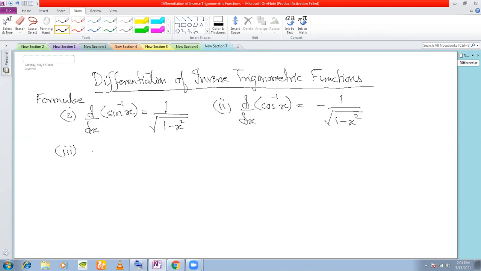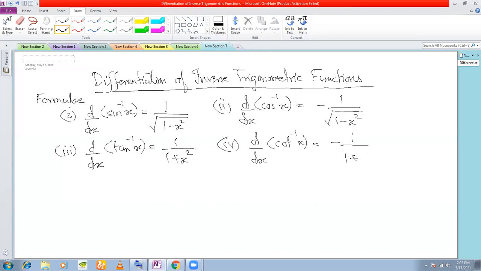Third one is d/dx of tan inverse x is 1 by (1 plus x square). Next, d/dx cot inverse x is minus 1 by (1 plus x square).